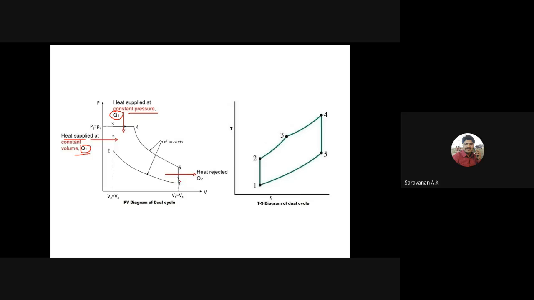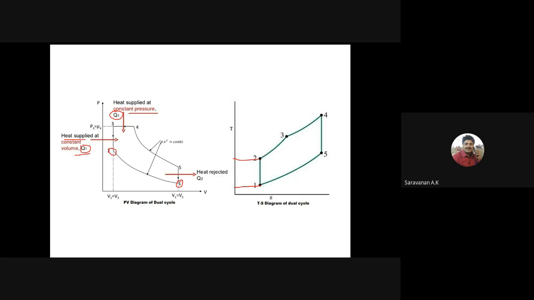First, point 1 to 2 is a compression process. While compressing, the pressure increases, and at the same time the temperature also increases. The process 1 to 2 is an adiabatic compression process, so due to compression the temperature gradually increases.